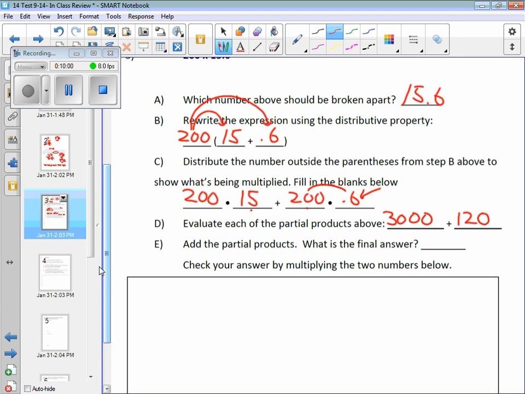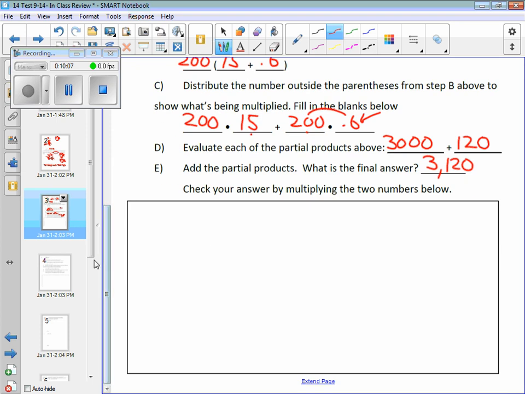And then when you add that together, you get 3,120. And although I'm not going to do it here, I'd like you to go through the multiplication down here, 200 times 15.6. And when you go through it, you'll see you'll get 3,120.